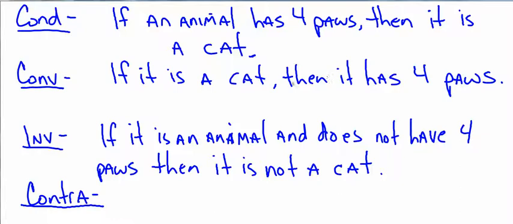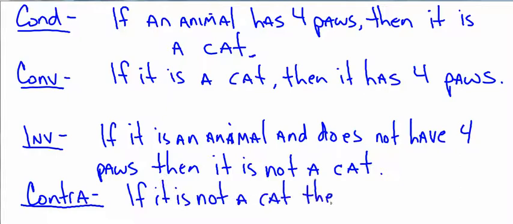And then a contrapositive negates the converse. So if we negated that converse, we would say if it is not a cat, then it does not have 4 paws.